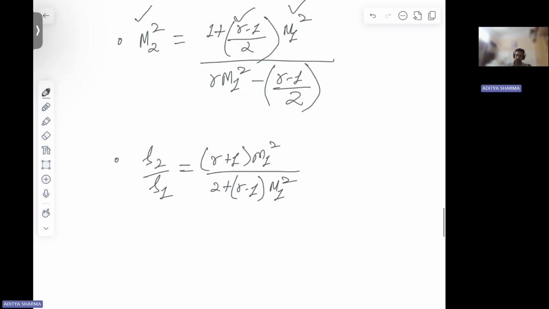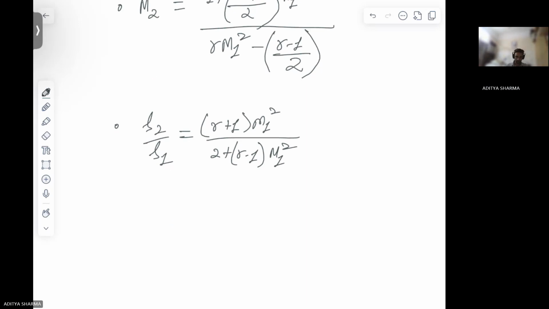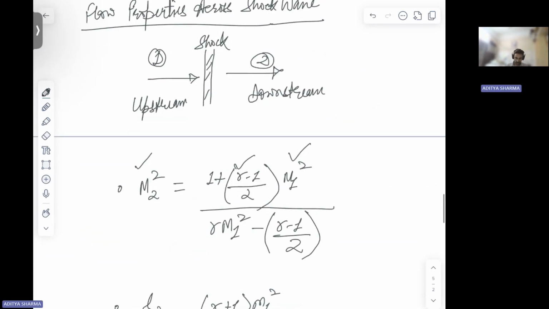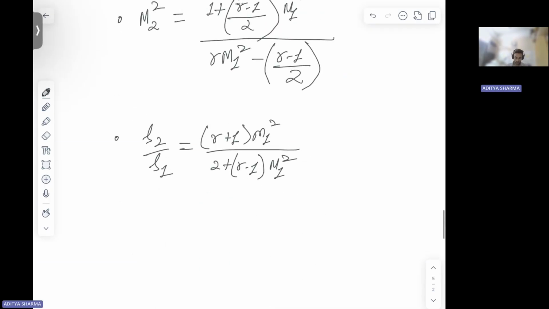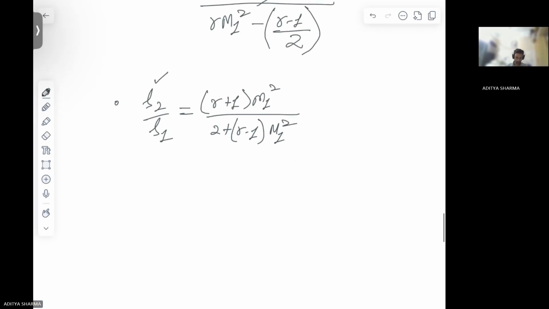So this is the static density ratio. Now your static properties increase across your normal shock. So your rho 2 is going to be higher than your rho 1. In the same way, static pressure 2 is going to be higher than static pressure 1.